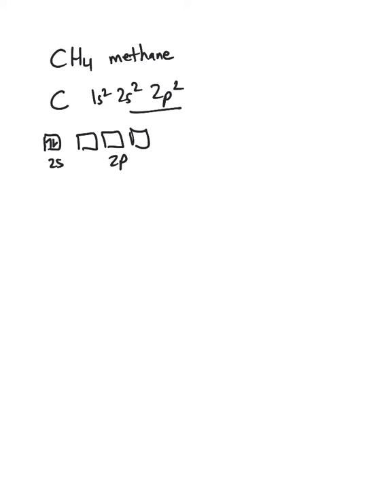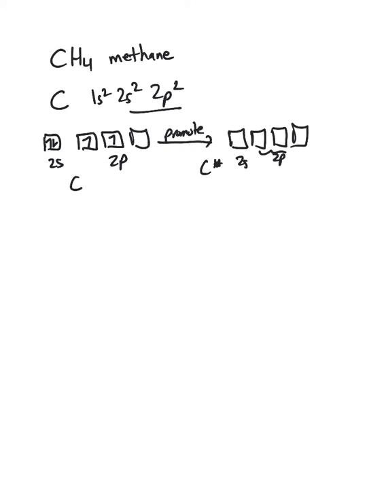I've got paired up electrons in the 2s, and I've got an electron in each of a pair of 2p's. I want to promote. So there's my carbon in the ground state. Now I'm going to make carbon an excited state. So there's my 2s, my 2p's. Promote an electron.